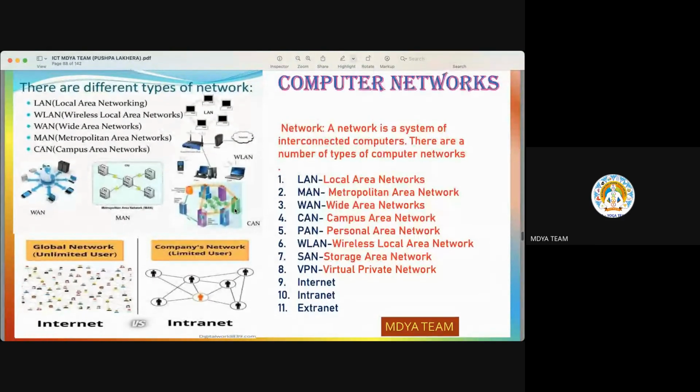Now, all the individual computer systems can be connected depending upon the need, depending upon the requirement.